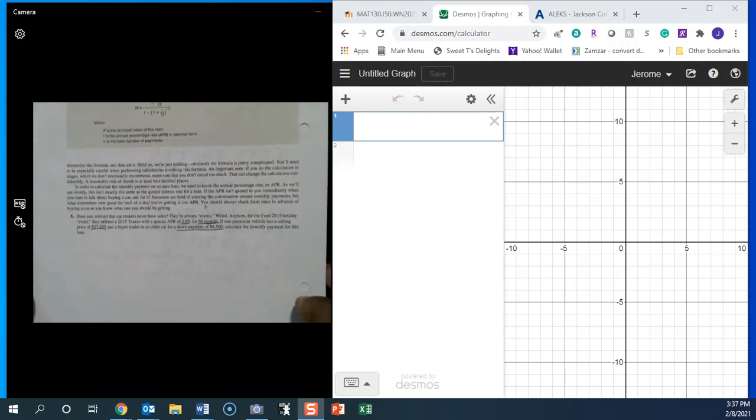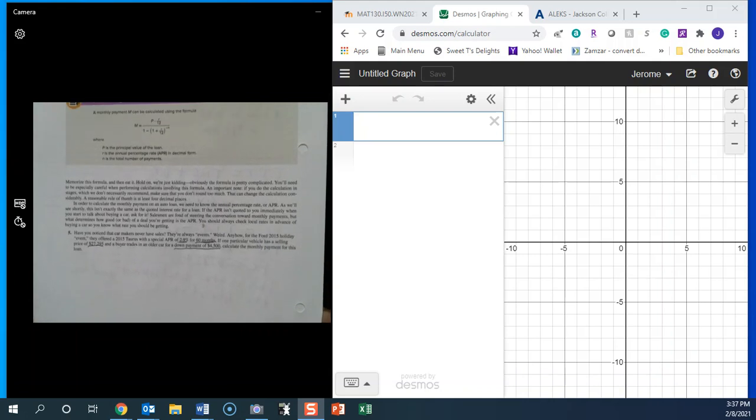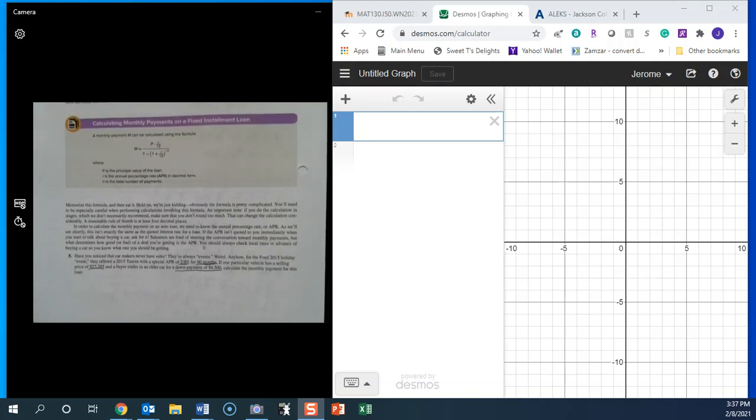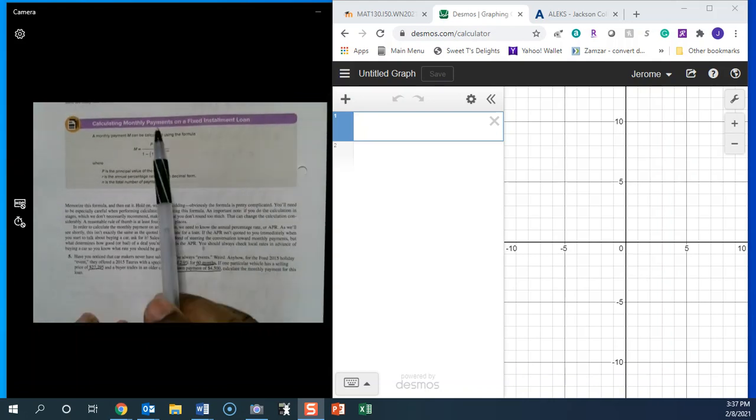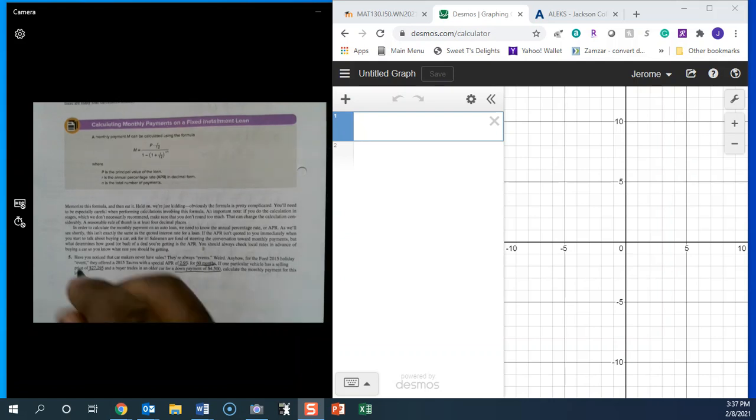Now, first of all, we have to take a look at a couple items here. One item we need to look at is the principal. Now we know the principal is supposed to be your starting value, or whatever the value is you first borrowed or the value you first saved. So for this principal, we would take the cost minus the down payment, because that would end up being your principal.